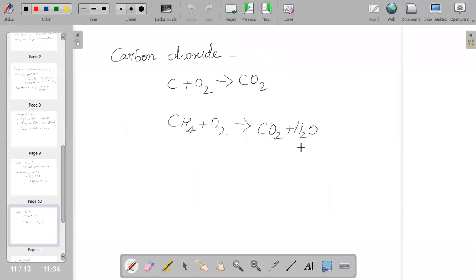Once again, it is colorless and odorless. It is soluble in water, and of course, it is a non-supporter of combustion, and it will combine with water to form carbonic acid, which is a weak dibasic acid.